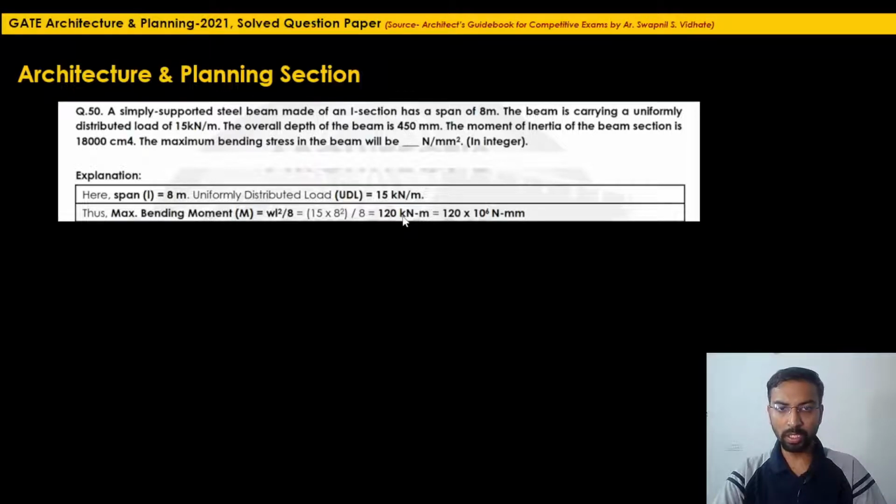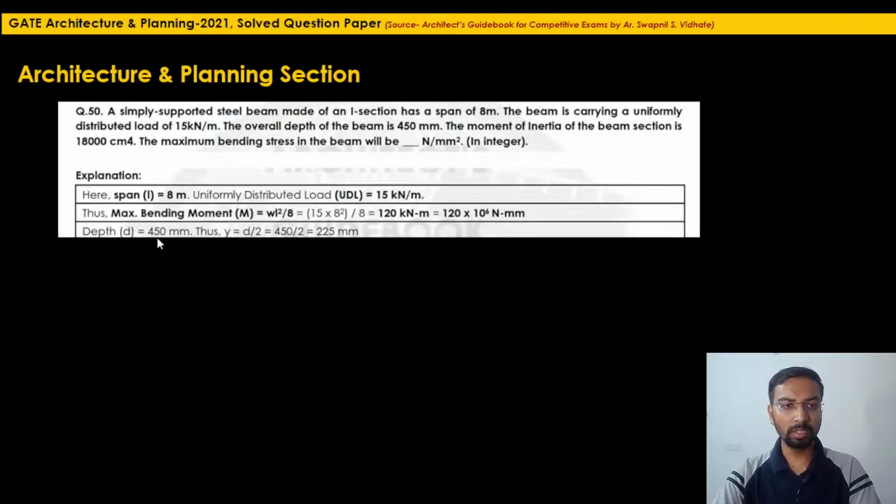So accordingly here we will convert 120 kilonewton meter into Newton mm. So it will be 120 into 10 raised to 6 Newton mm, since that is the conversion for kilonewton meter into Newton mm. Next, depth they have mentioned as 450 mm. So the distance of neutral axis y will be d by 2.